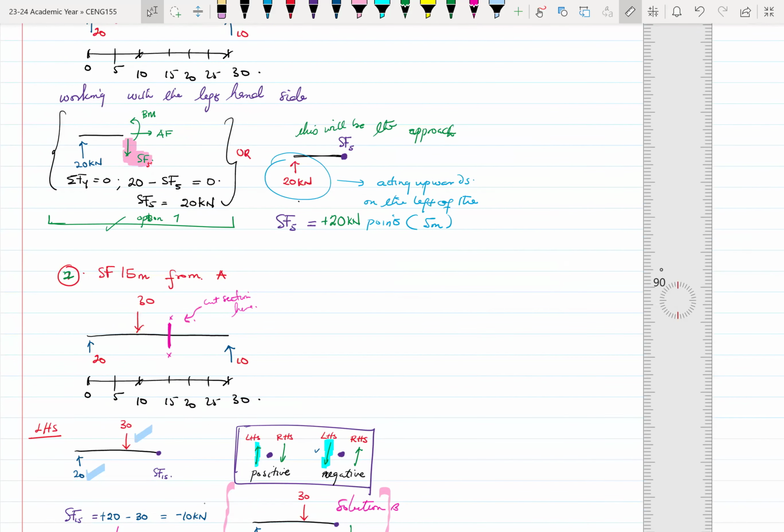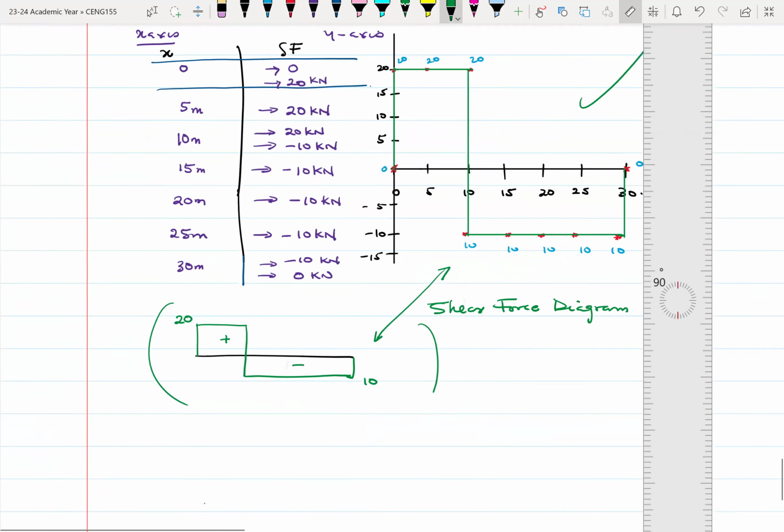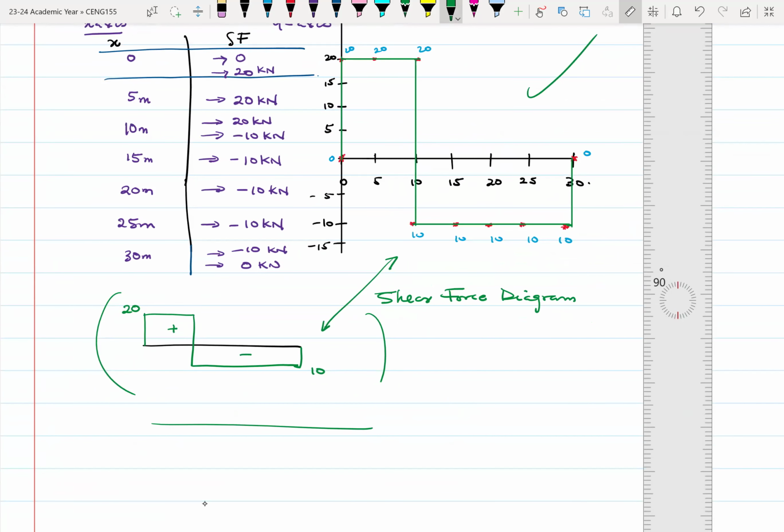There are a few things that you'll see as you go along. You'll realize that shear force, if there are supports at the ends, like in this case where we have supports at the ends of the beam, will usually start at 0 and then jump to the value of the reaction at the support. All right. So we had 20 here, 10 here, and this was 30.